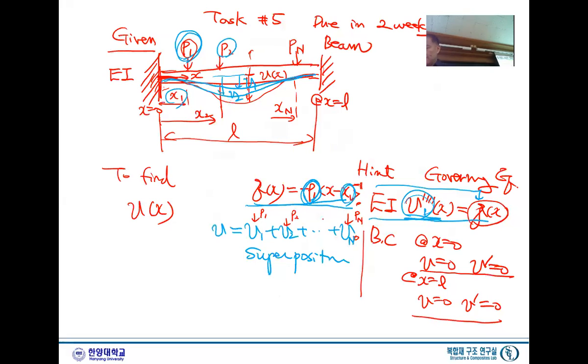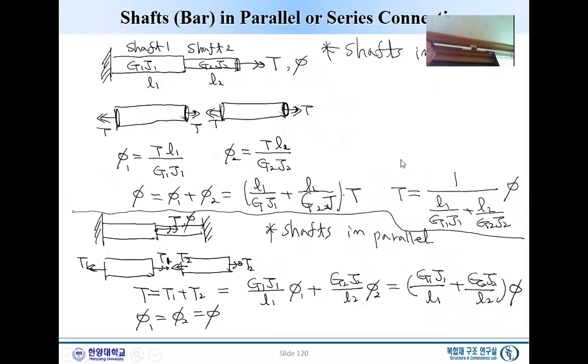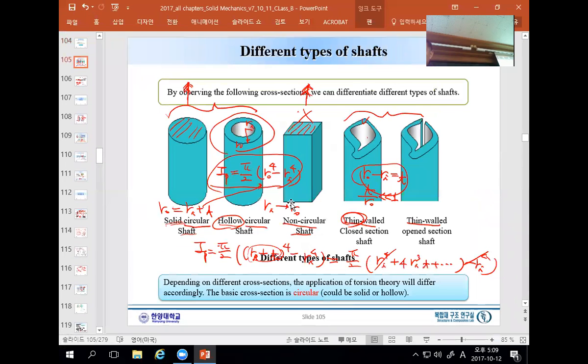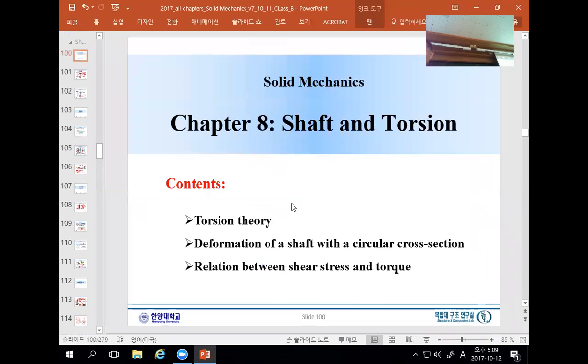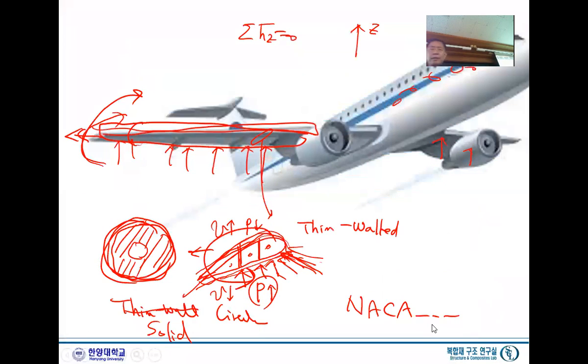Again, why is this so important? Well, as we reviewed yesterday, when we design the wing, let's say you design an airplane. Now, the most important structure of an airplane is, of course, the wing.